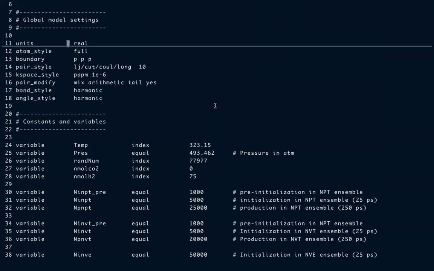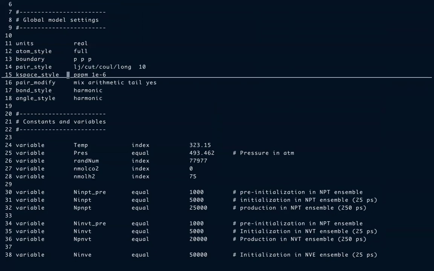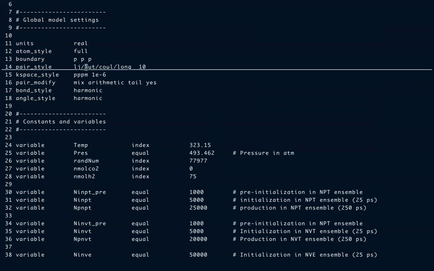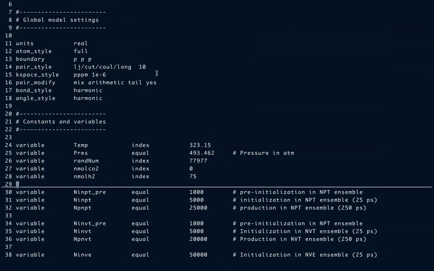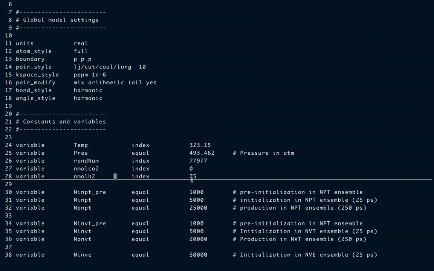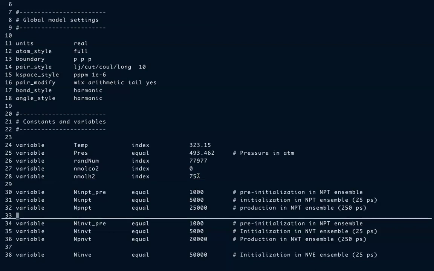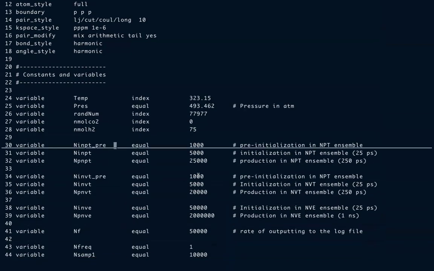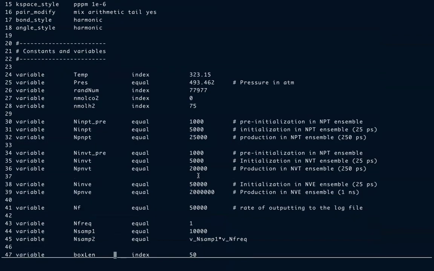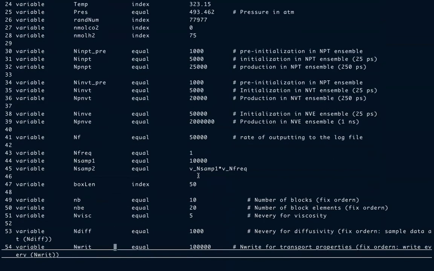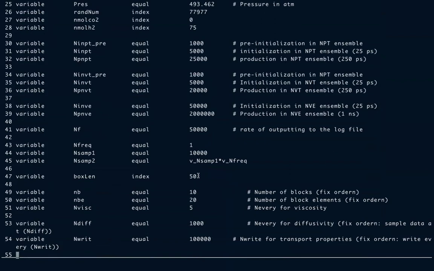If the box is tiny, you always have to then check if the box length is more than twice the cutoff. So in this case, make sure that the box length is more than 20 angstroms. Okay. Then I have several other parameters which I've defined here, which I will explain to you on the go. But for now, I think this would be sufficient.